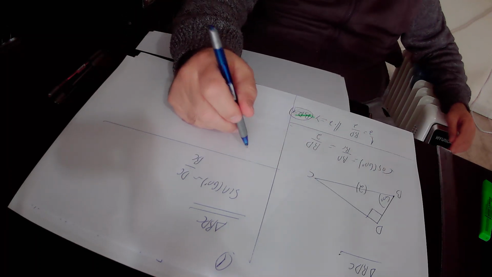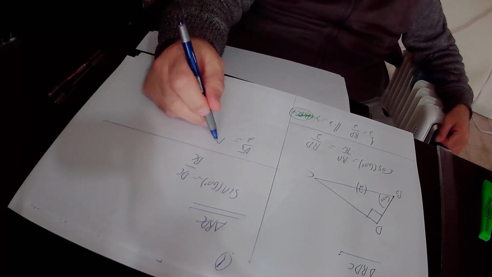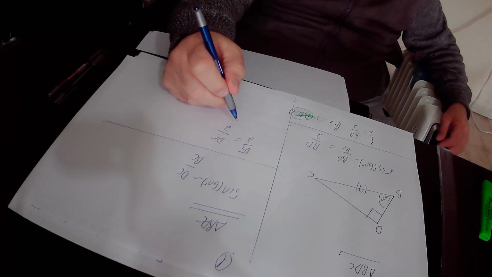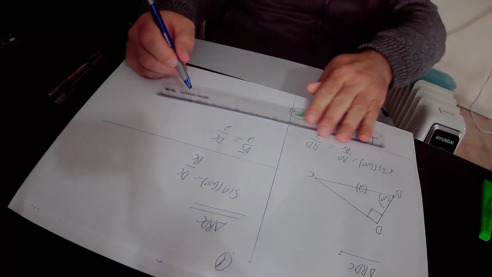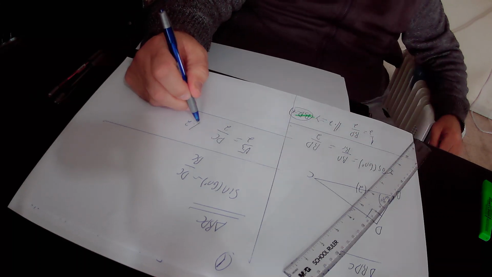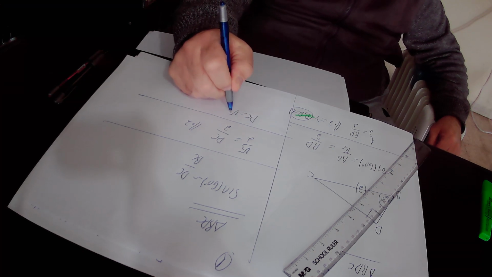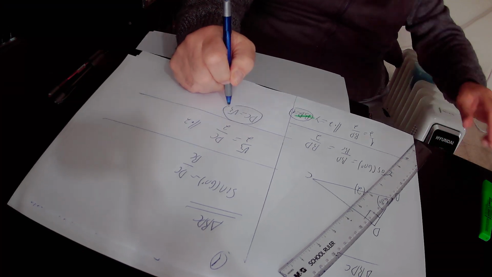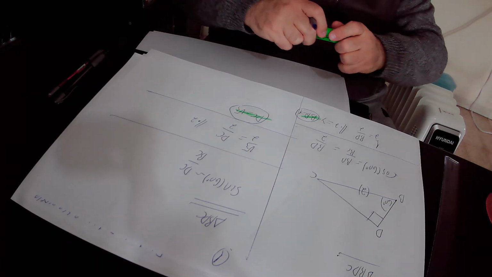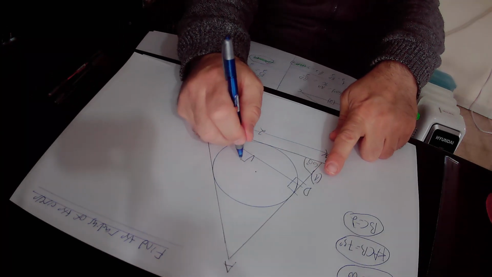Sine 60 degrees is equal to root 3 over 2, and it equals DC over BC. BC is 2, so root 3 over 2 equals DC over 2. Here we multiply this equation by 2, and finally we get that DC equals the square root of 3 units in length. So this line segment DC equals the square root of 3 units in length.